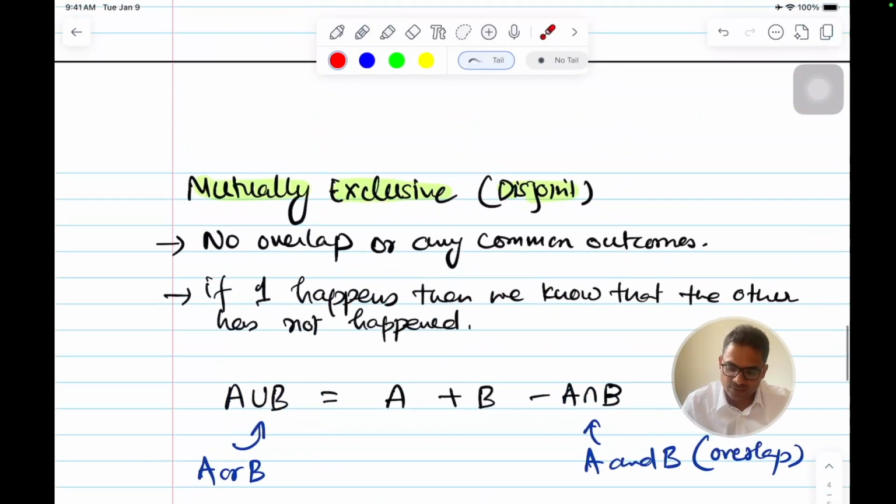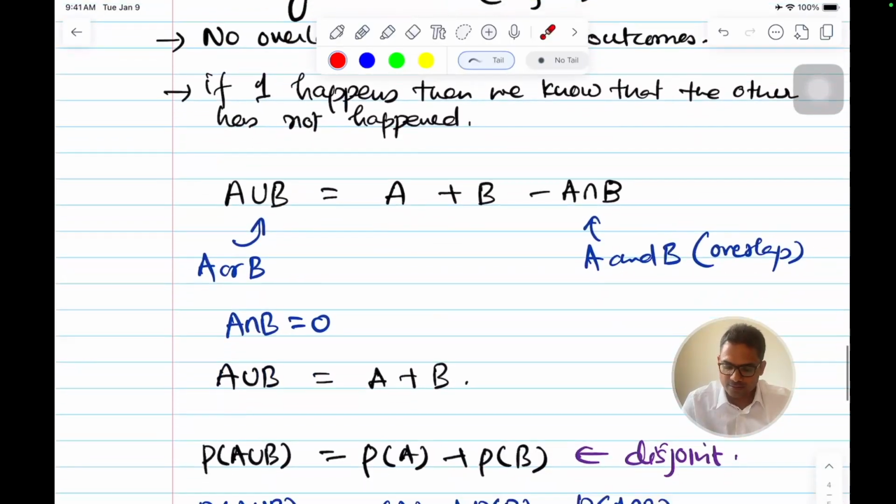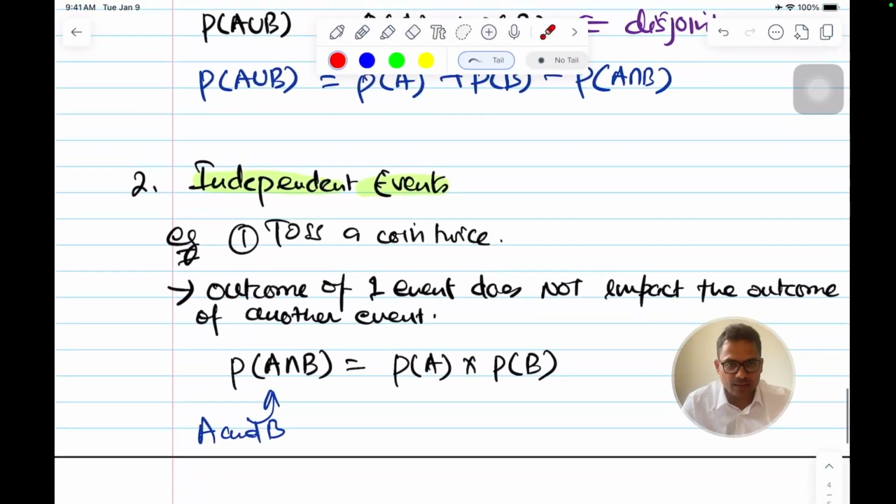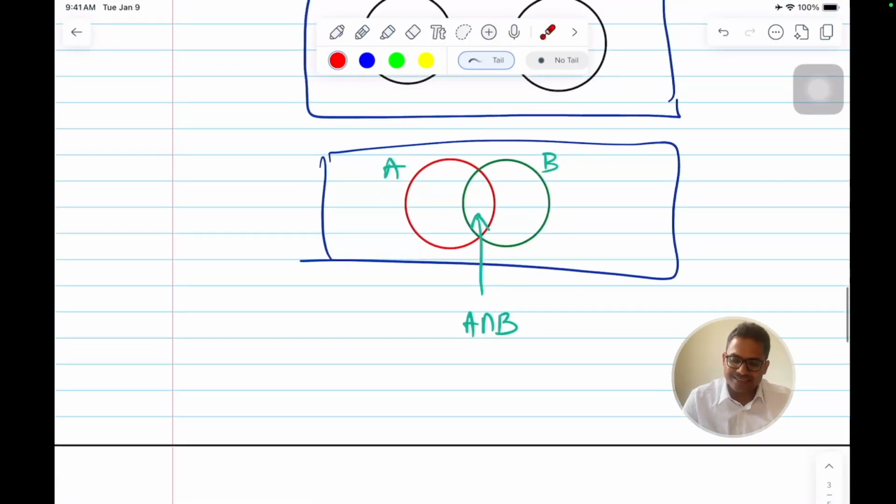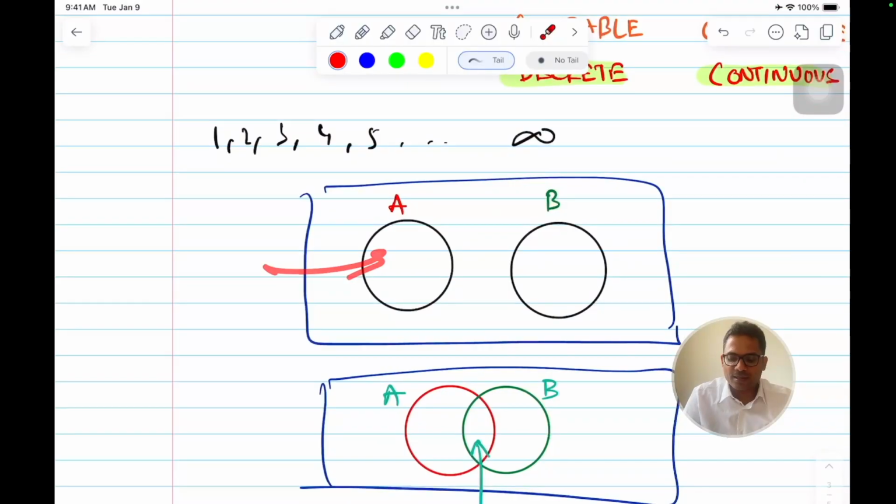I hope mutually exclusive events and independent events are clear. To understand again, in mutually exclusive events, if I know one event has happened, then we know that the other has not happened. So knowledge of one event gives me some information about the other event.